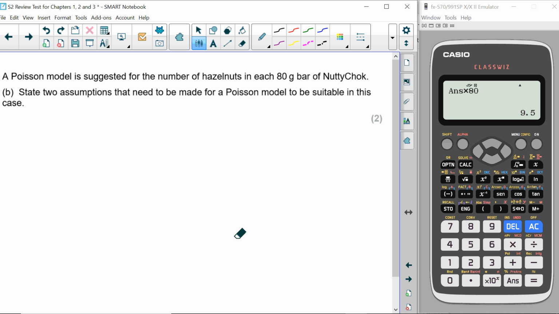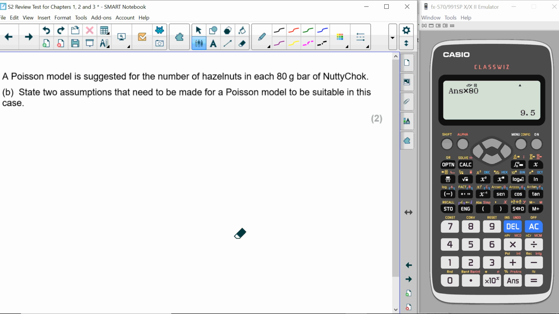Now it says here, a Poisson model is suggested for the number of hazelnuts in each 80-gram bar of nutty choc. State 2 assumptions that need to be made for a Poisson distribution to be suitable in this case. Now, remember the suitable things for a Poisson.